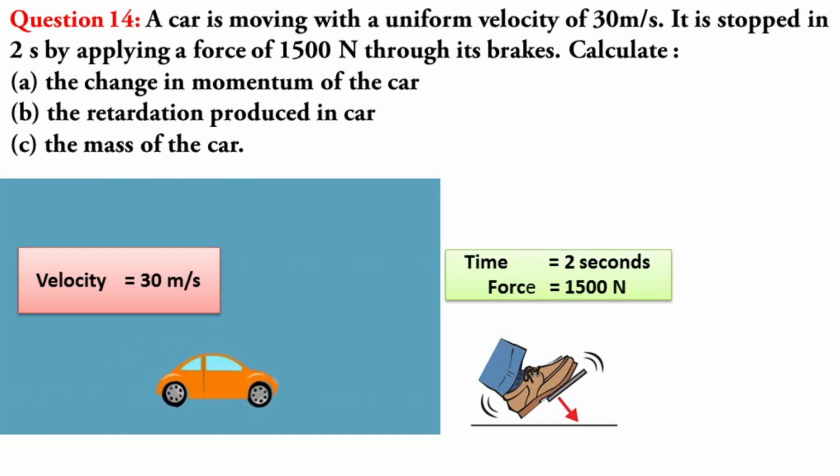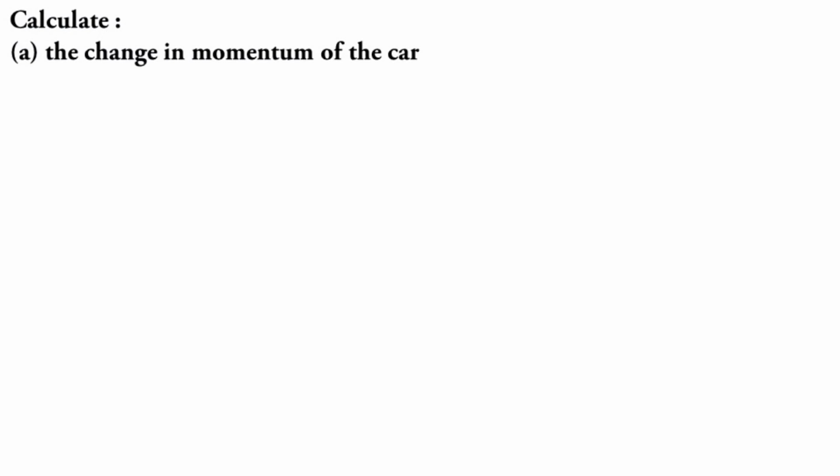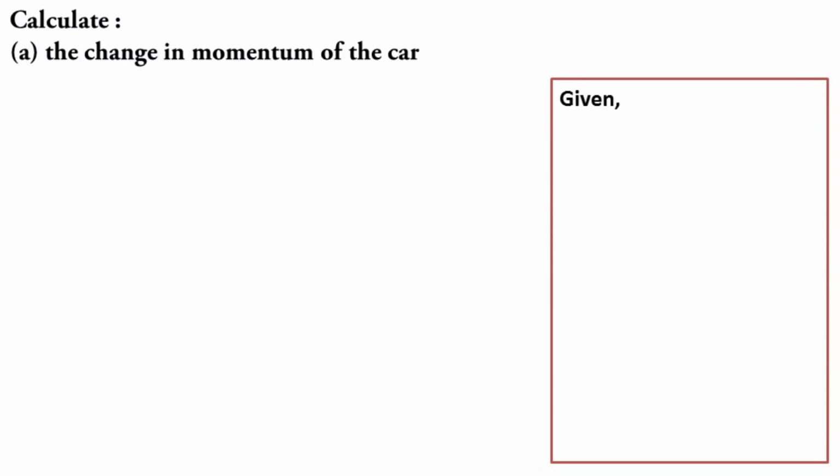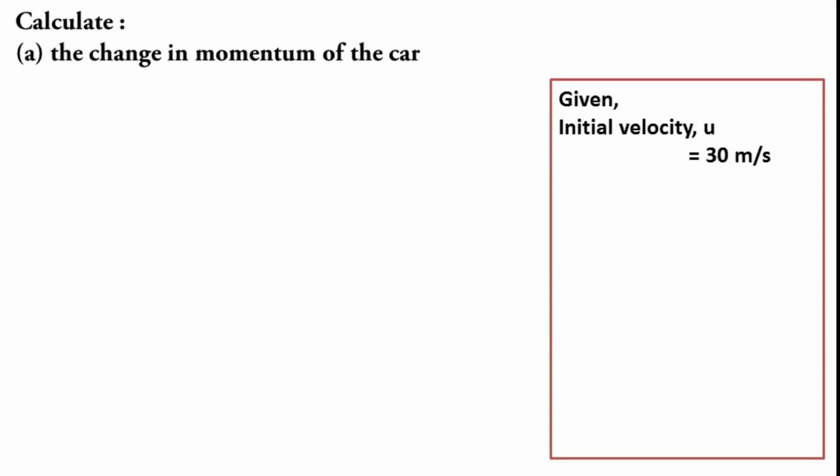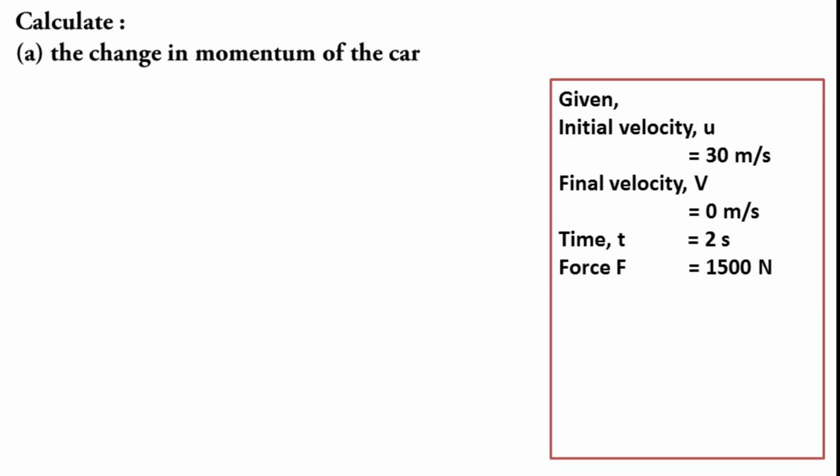First let us write down the given values. Given initial velocity u is equal to 30 meter per second. Final velocity v is equal to 0 meter per second. Time t is equal to 2 seconds. Force F is equal to 1500 Newton.